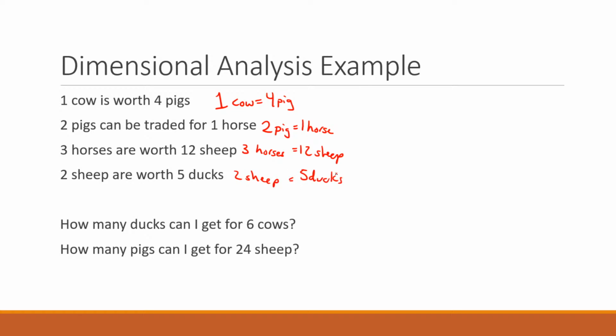I don't need to use dimensional analysis to solve this problem. I could take 6 cows and do 4 different math problems and end up with some number of ducks. That is totally possible, and that is a totally fine option. But when we look at dimensional analysis, I'm going to show you why this is a good method for doing conversions and solving problems like this.